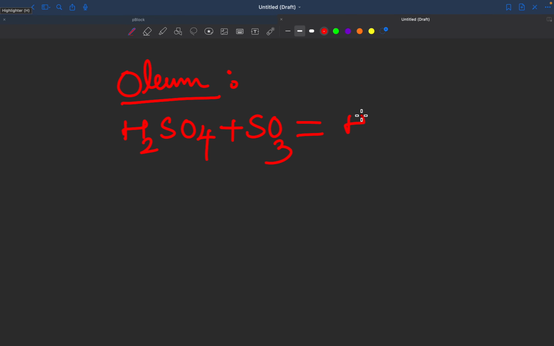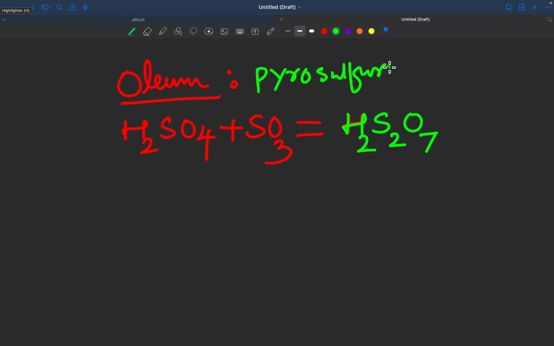Its structure is going to be like H2; one sulfur, second sulfur becomes S2. So 3 plus 4 becomes 7, H2S2O7. This is also known as pyrosulfuric acid, which is also known as oleum.